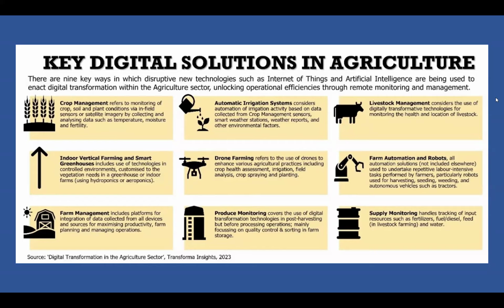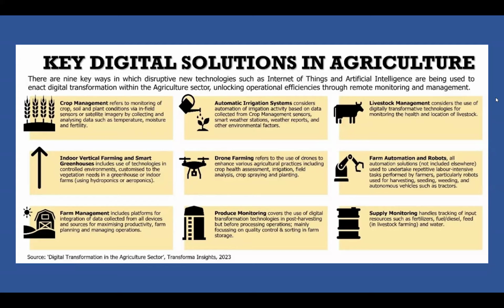Drone farming: in drones we have two things. One is drone surveillance, or you can do drone-based spraying. These are some of the things you can do: farm automation, robotics to control the labor, and farm management, where each individual farm can be managed: the soil quality, the water quality, the labor requirement, the input requirement, the product storage facility, everything comes under farm management.